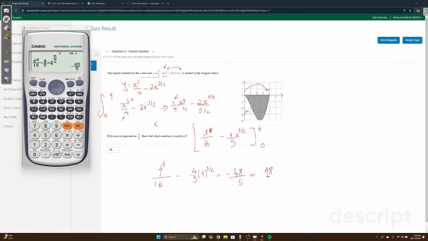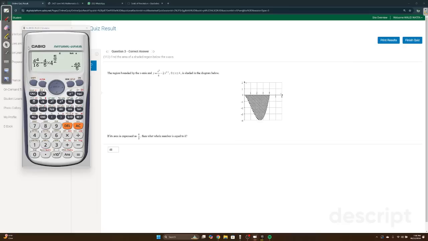You could have gotten it correct, or you probably got it correct. You have to take the absolute value of it. And it would make sense for it to be negative because, guys, it's below the x-axis. If you don't get a negative, you should be concerned. Or not. Maybe you just put a negative somewhere else. But for the most part, if you get a negative answer, don't panic. So 48 over 5, so k will then be 48.